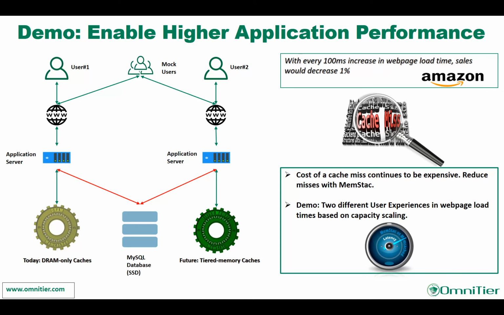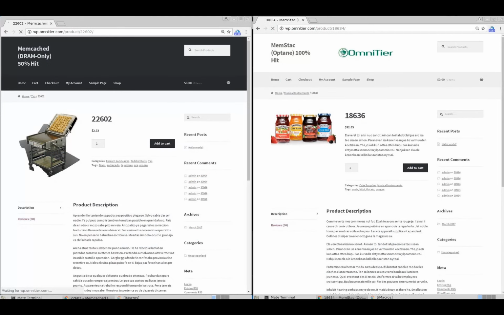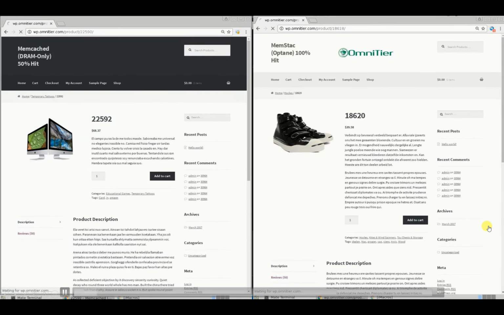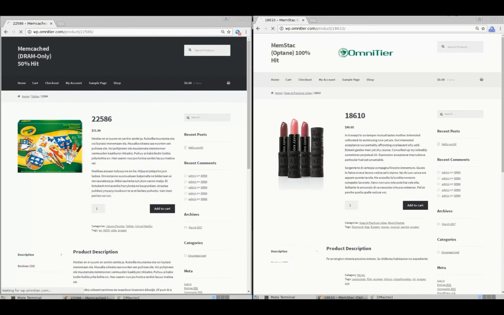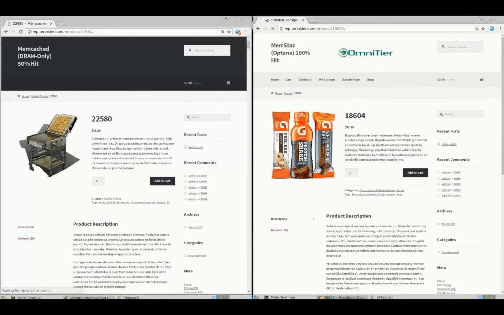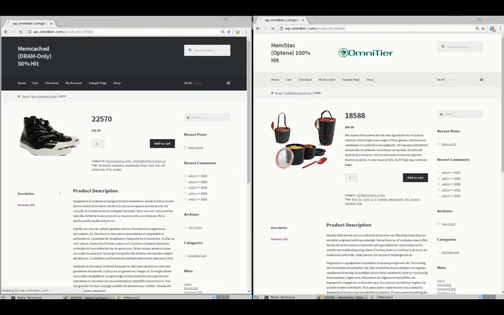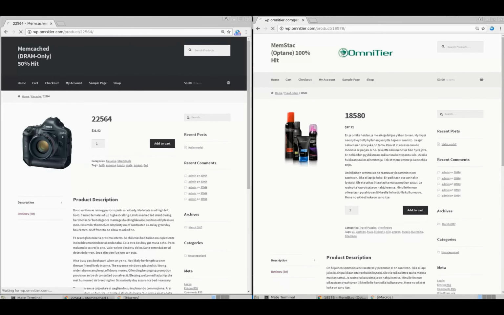So now we will show the viewpoint of a user being serviced by Memcached and one by MemStac. So the user on the left is a Memcached user, and the user on the right is a MemStac user.